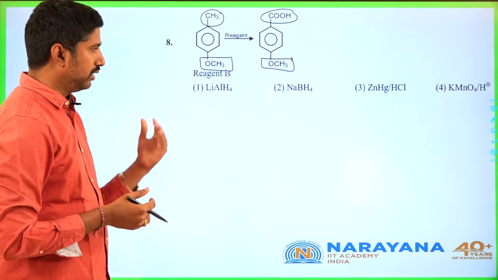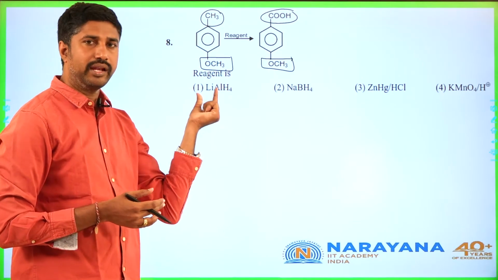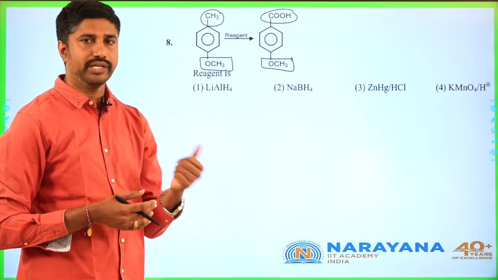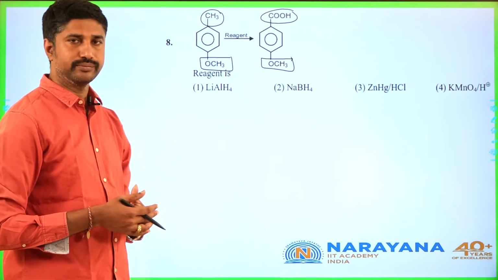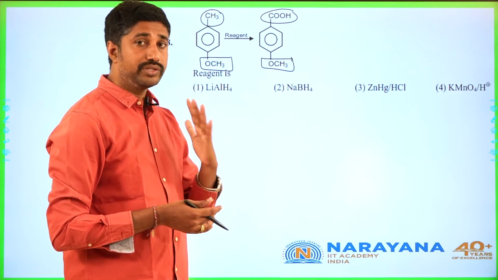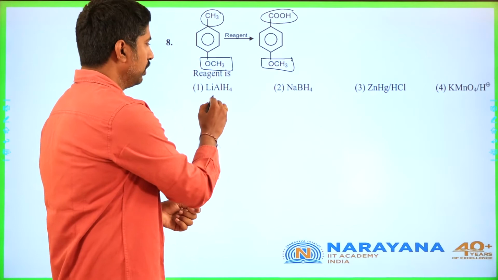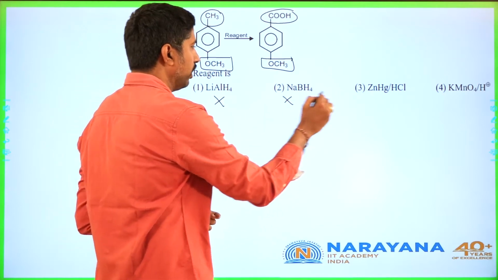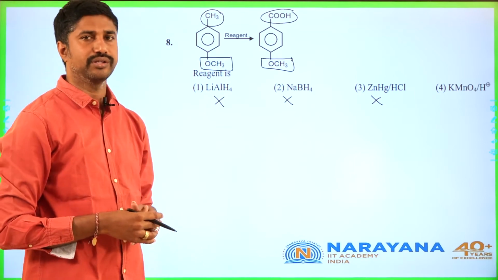If you see the list of reagents given, the first one is LiAlH4, which is a reducing agent. A reducing agent cannot oxidize a compound. And NaBH4 is also a reducing agent, which cannot convert the benzylic carbon to benzoic acid. So reducing agents are not used for oxidation, only for reduction.